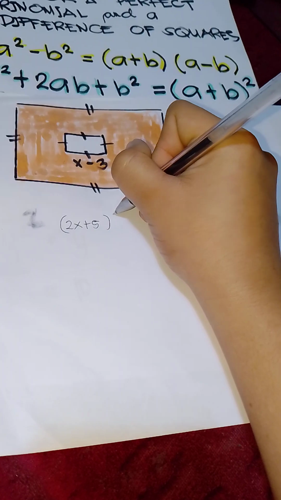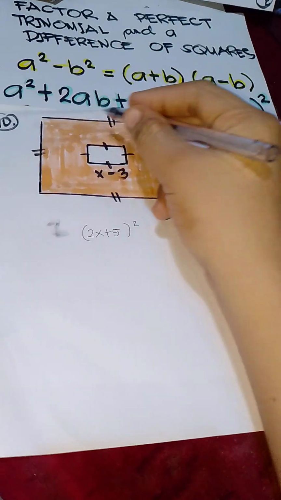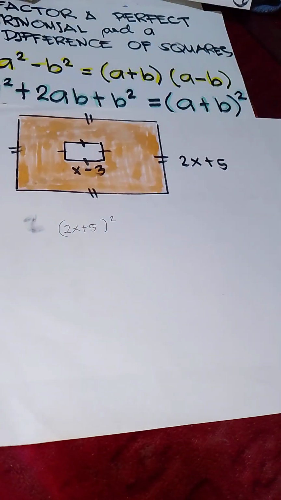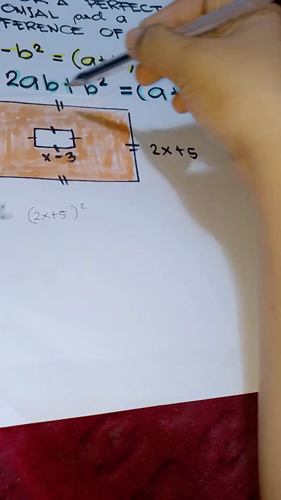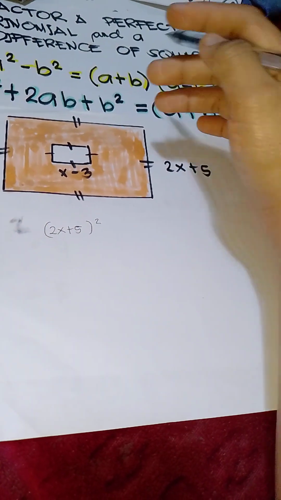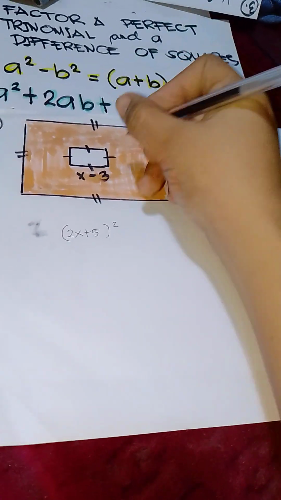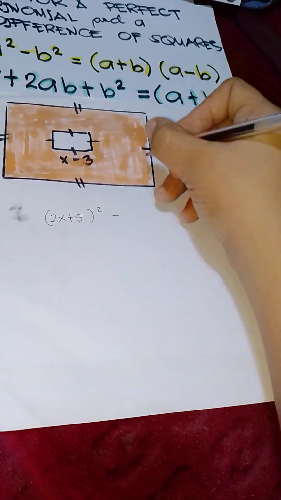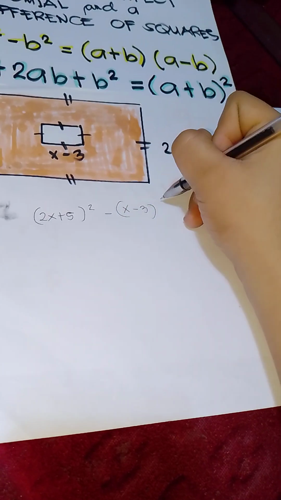This is the area of the entire big square, including the non-shaded square. And in order to get the area of the shaded region, we are going to subtract this square. So we have x minus 3 squared.